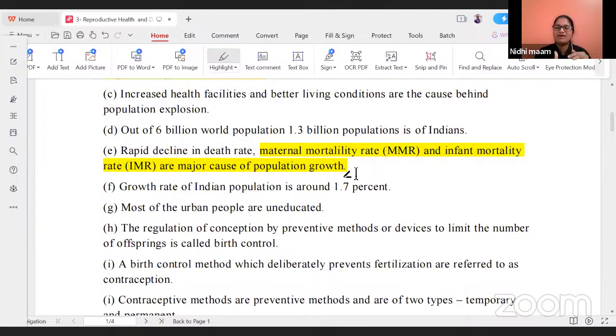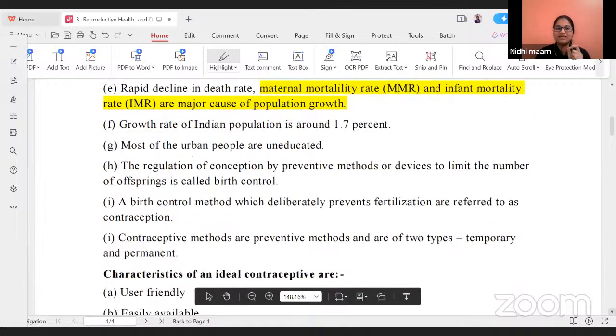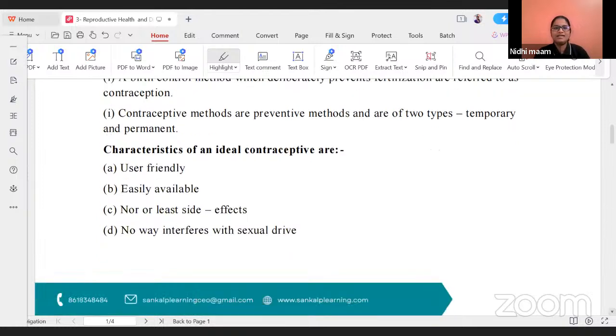But now, due to advancement in medical science, both the baby and mother will be healthy and fit. Then infant mortality rate, the children born will be healthy. Growth rate of the Indian population is around 1.7%. Remember it.